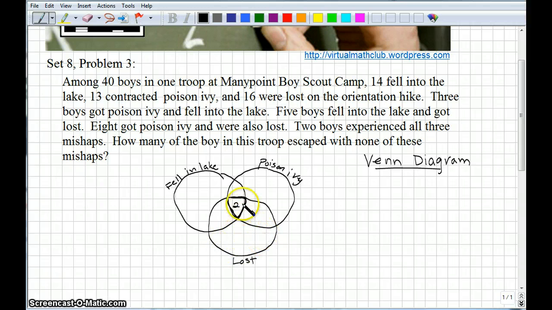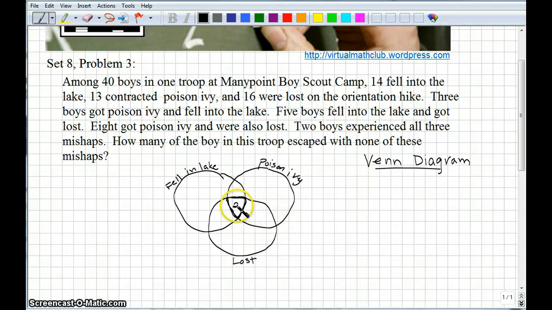All right, so we've already said that there were 2 boys that had all 3 things happen to them. What else do we know? Let's just work backwards here. We know that 8 boys got poison ivy and were lost. Here's lost, here's poison ivy, and so there's 8 boys in this overlapping group.